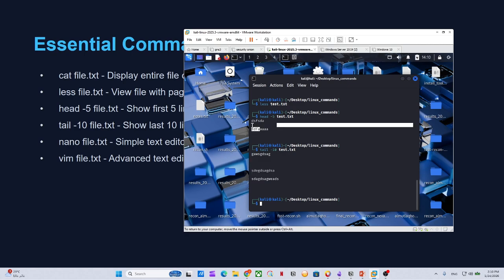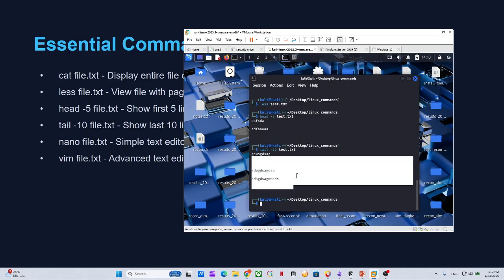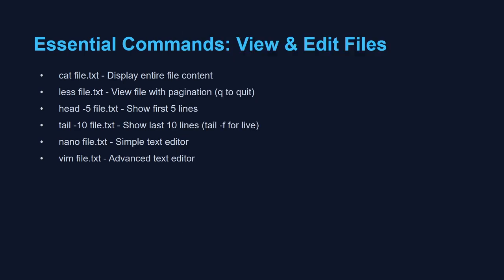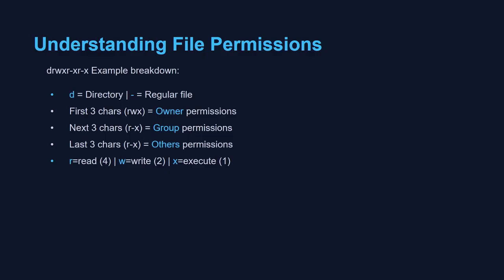You see, this is the first 5 lines: this is 1, 2, 3, 4, 5. And if I use tail, it's going to count like this: 1, 2, 3, 4, 5, 6, 7, 8, 9, 10. It's going to show me the last 10 lines. Okay, and that's what we need to understand.